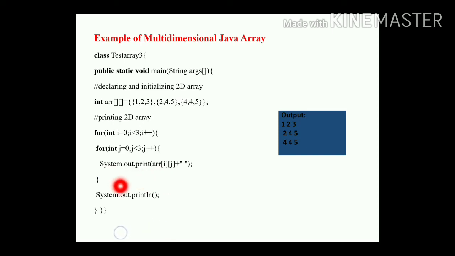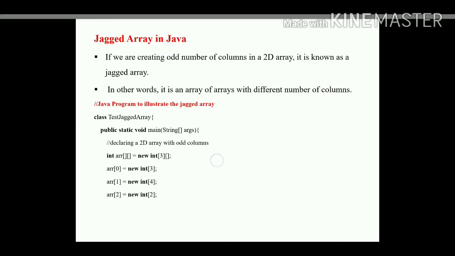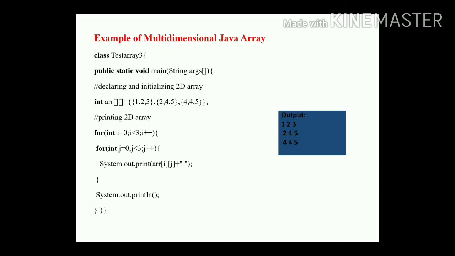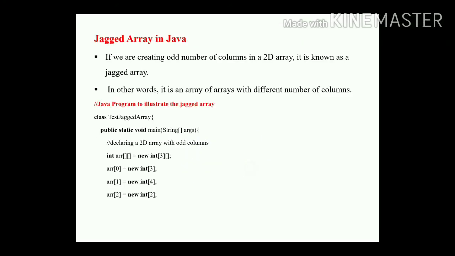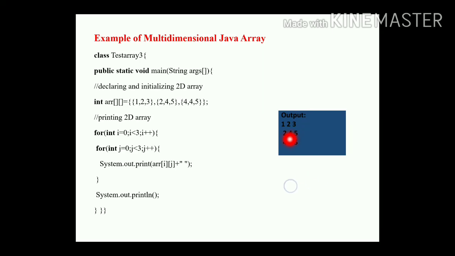Then closing the for loops, closing the main method and closing brace for the class. The output of this multidimensional array is 1 2 3, 2 4 5, 4 4 5. This is the main example for the multidimensional array in the Java programming language. I hope you all understand.